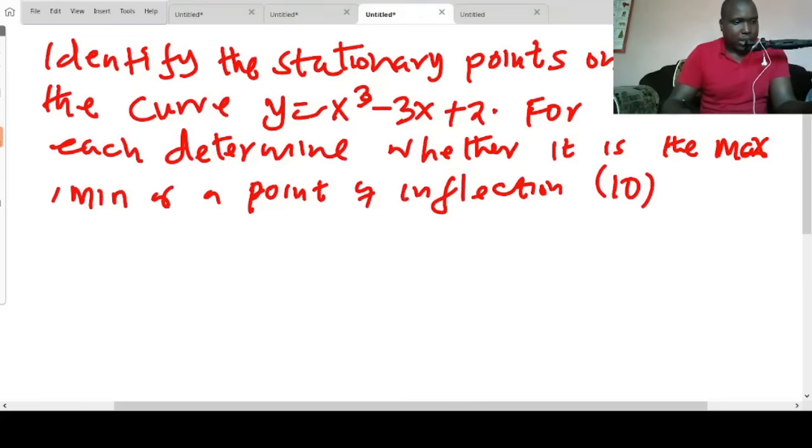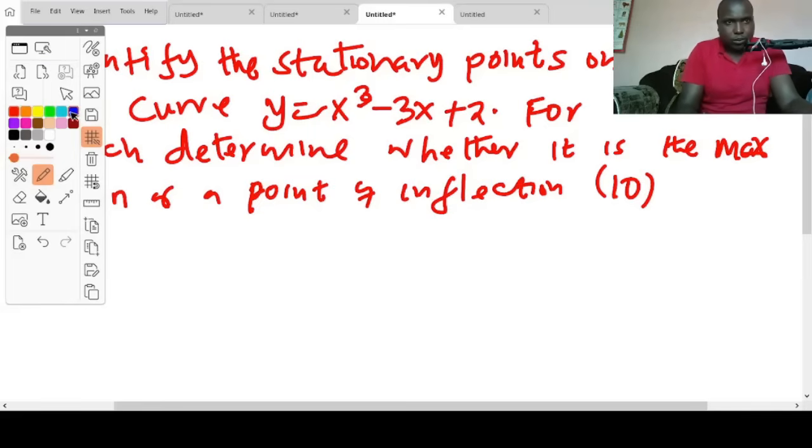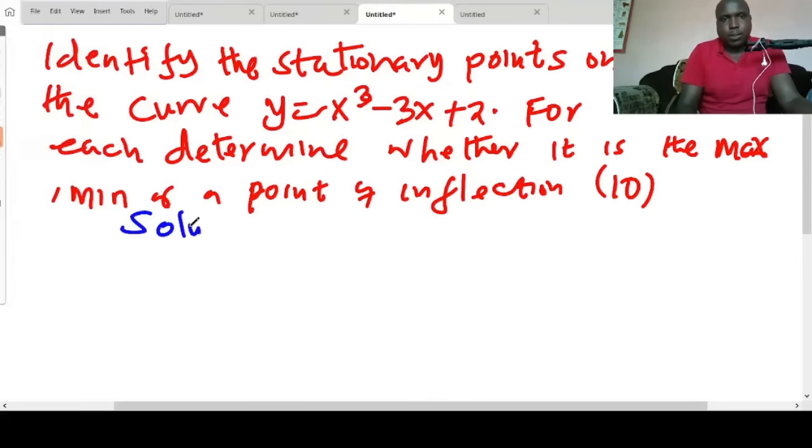So let's see where we start. We need to understand it by getting the gradient function, because we know at the stationary point, dy over dx is equal to 0. That is the key word.